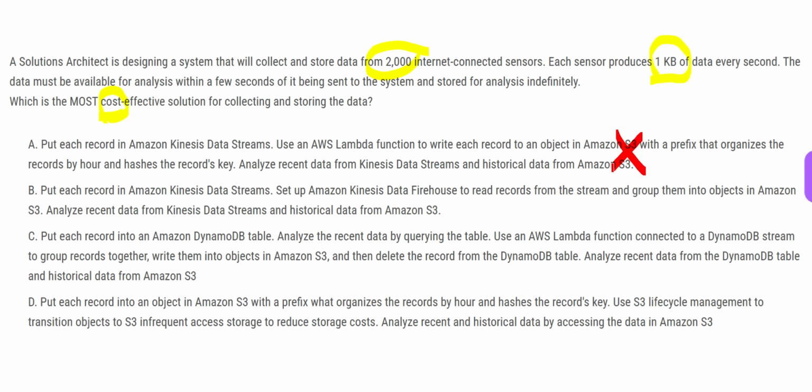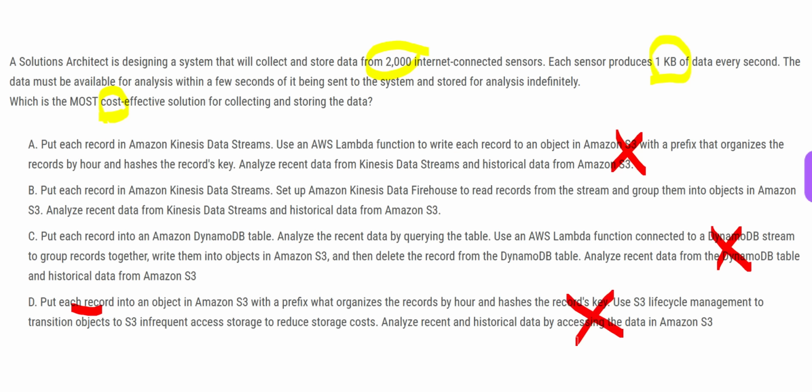B, sorry, let's go to C. B is the right answer, but let me explain you C. See, DynamoDB is very expensive. So if you are using this, it will not be cost effective. And the problem with D is the same as A. If you are going to write, like put each record, so this will be expensive.